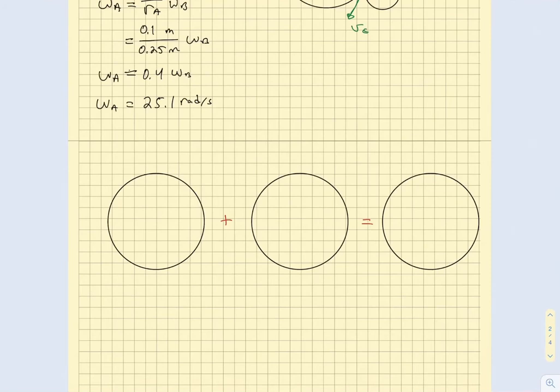Copy, paste. So we're going to make our momentum diagram for the large gear. Okay, so we're saying this plus this equals this.